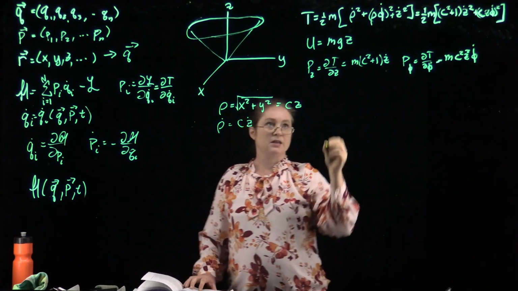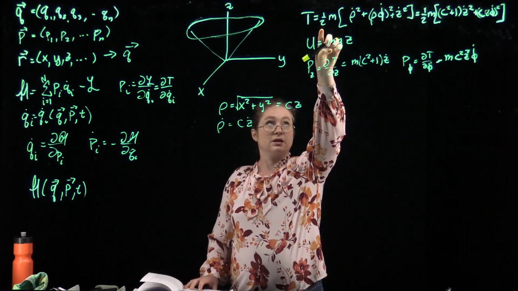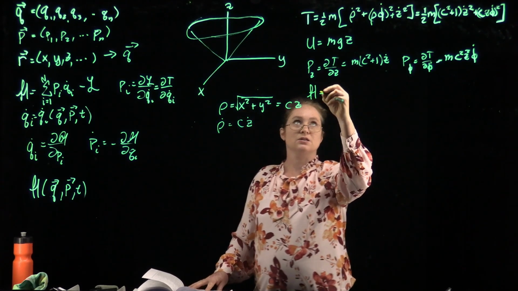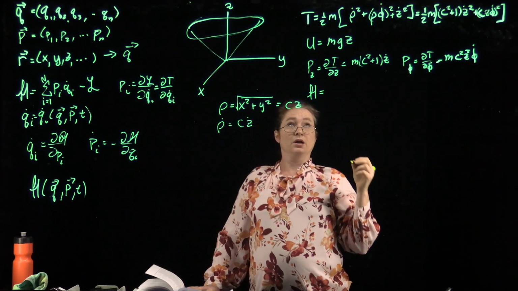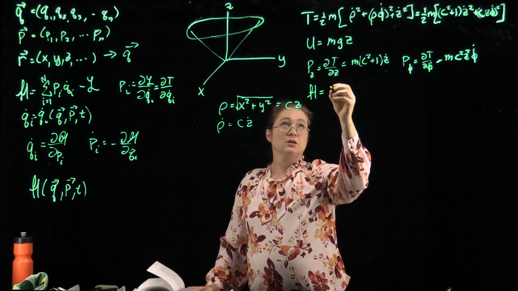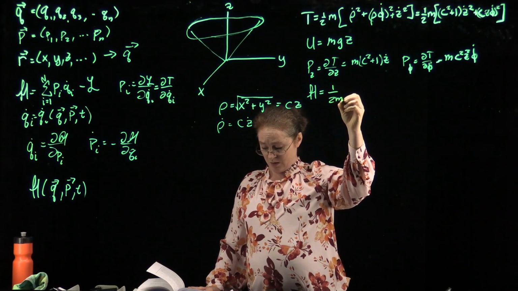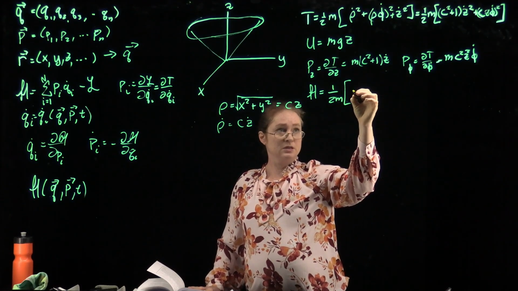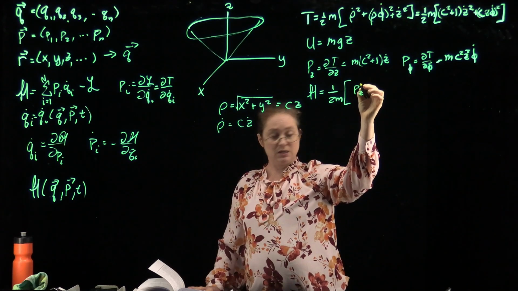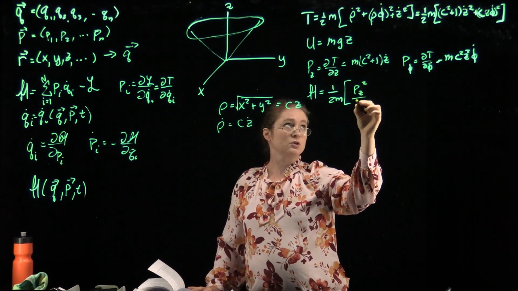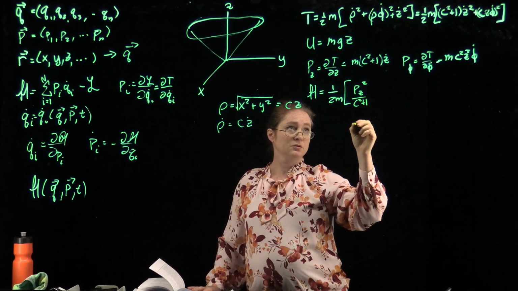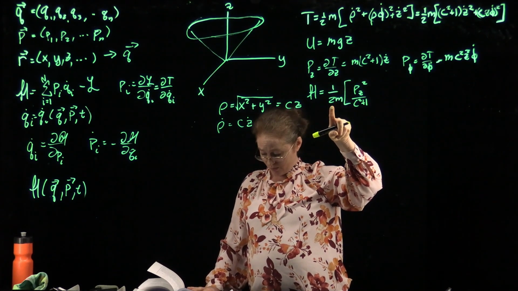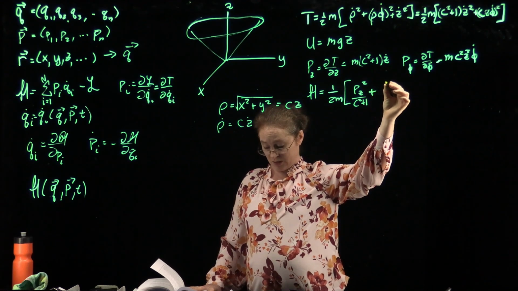And using that, I can rewrite the kinetic energy, but I'm going to just add the potential while I'm at it so I don't have to write too many things. 1 over 2m. So here I have pz squared over c squared plus 1. From solving this, I'm going to get a 2m in the bottom and the next term too, so I can combine them.